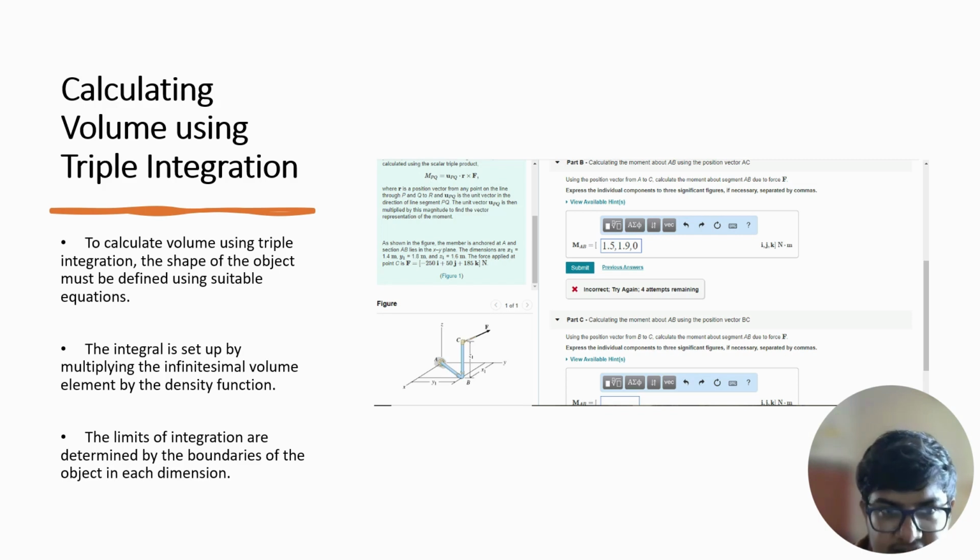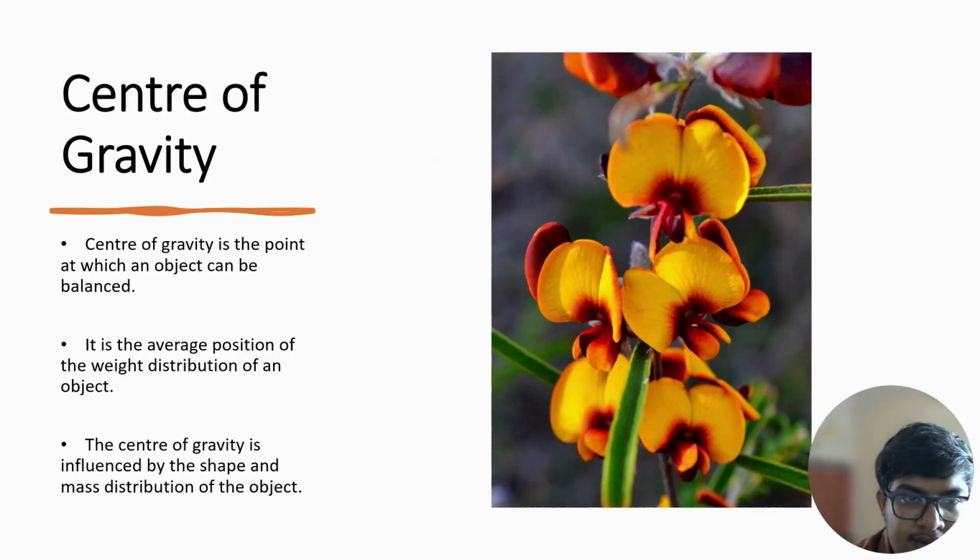To find the mass you need the different values and the total density of that object. The limits of integration determine the boundaries up to where the calculations can take place in the given sums. So let's go to next.